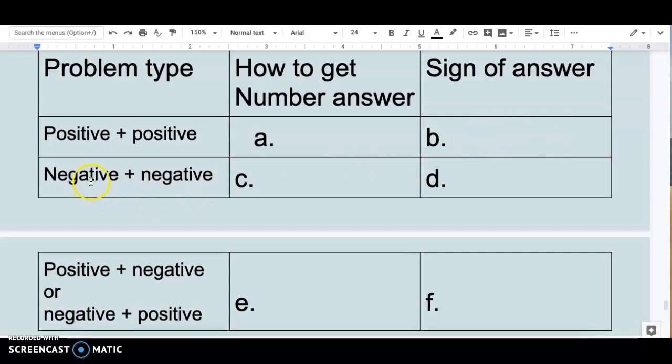If I have a negative number plus a negative number, what do I do with the absolute value of those numbers to get the number answer? And if I have a negative plus a negative, what is the sign of that answer going to be?